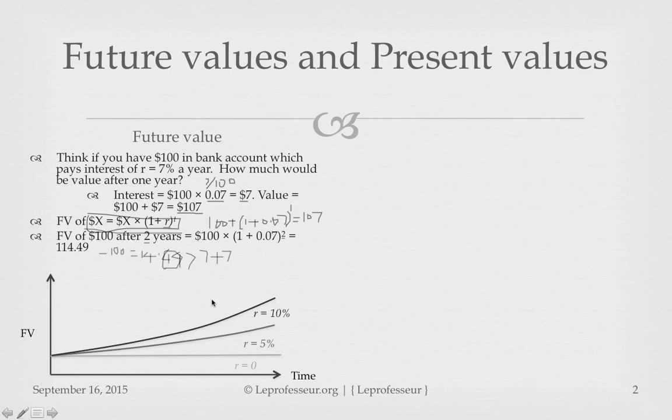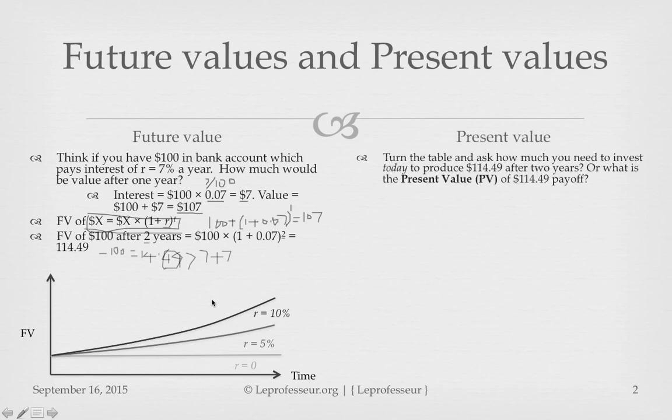Now let's talk about present value. Now turn the table around and ask the question: how much would you need today so that you can get 114.49 after 2 years, or in other words, what is the present value of a 114.49 payoff?